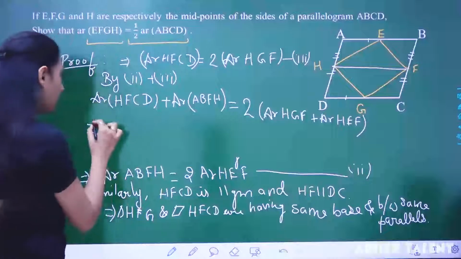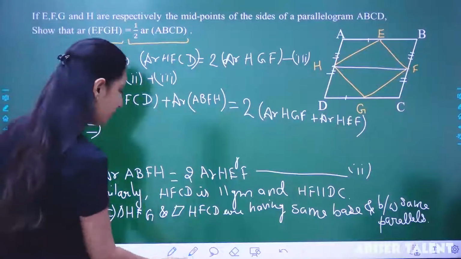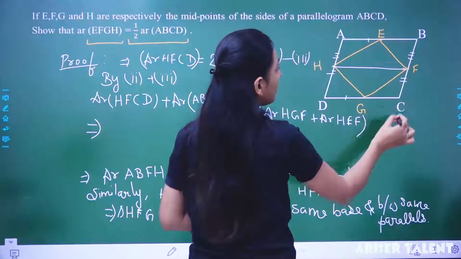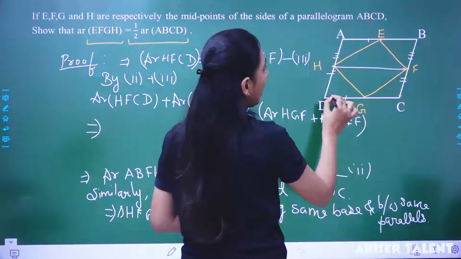Now solve this again. What do we have? EFCD. So, E, F, C and D.